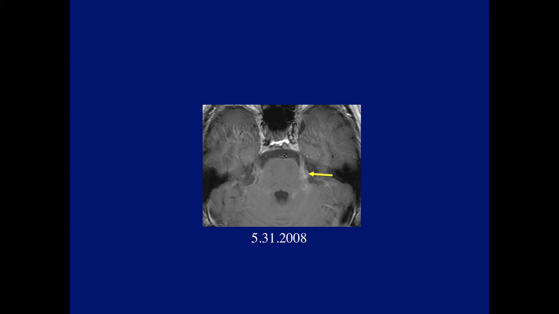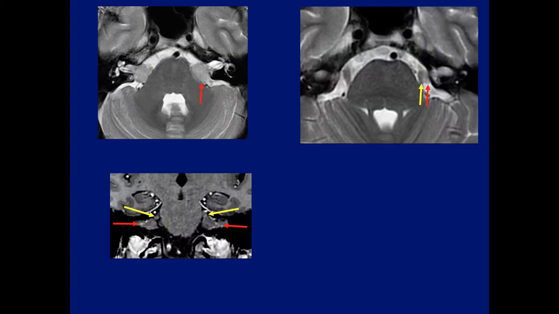Now, here was a very unfortunate case. We did a study, and it looks like the left trigeminal looks a little thickened and maybe enhancing a little bit. However, it was not the trigeminal which was involved.